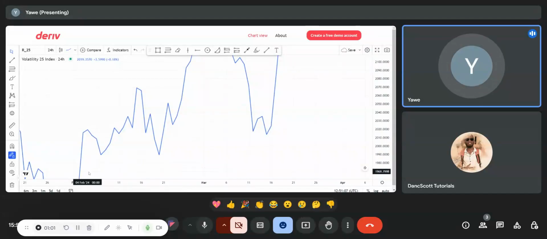So I looked at this and I realized that the price was moving upward, which then caused me to decide that this is a bullish head and shoulder, because price is moving upward.